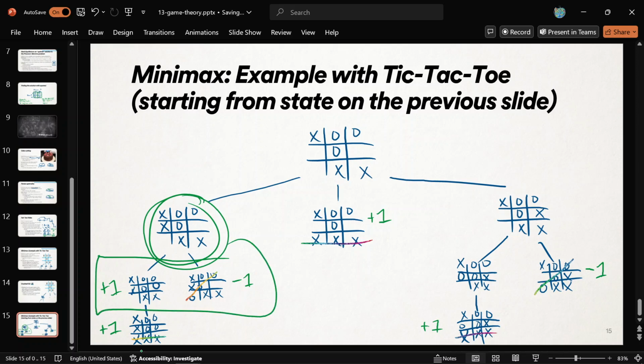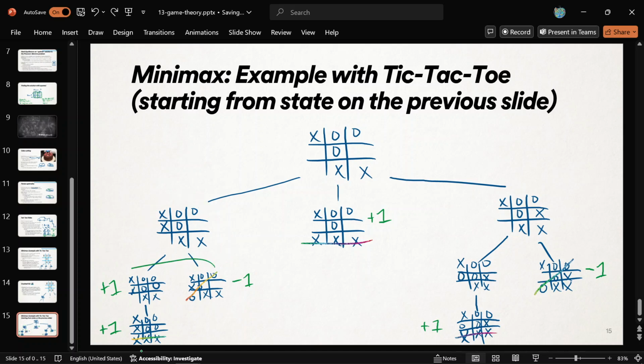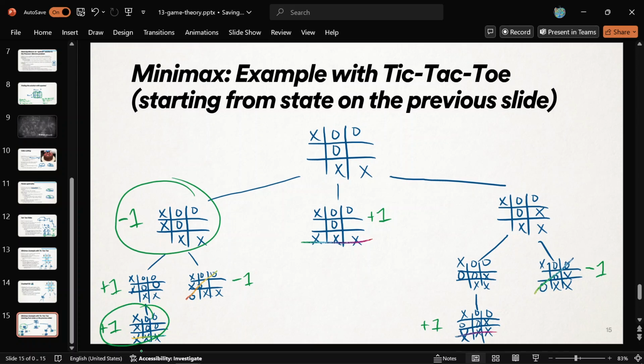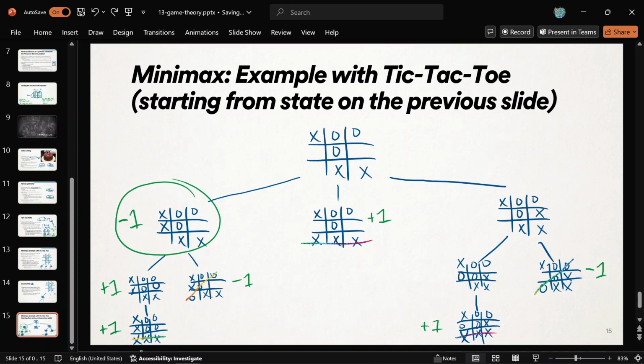They're going to pick the negative one, right? The one where they win. And so we want to minimize over all the options when it's O's turn, when it's our opponent's turn, right? So for the game board that we put here, we're going to assign a negative 1 to mean that we should avoid this situation, because even though we might eventually win if O messes up, we're going to assume that they're a good player and they're trying to maximize their own chances, right? So minimize ours. I hope that makes sense.